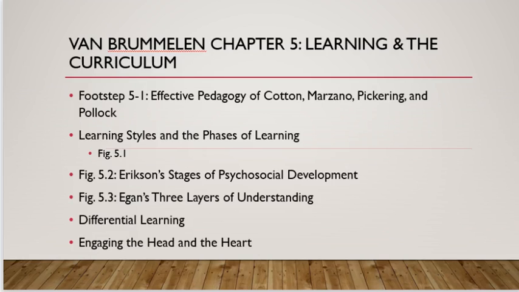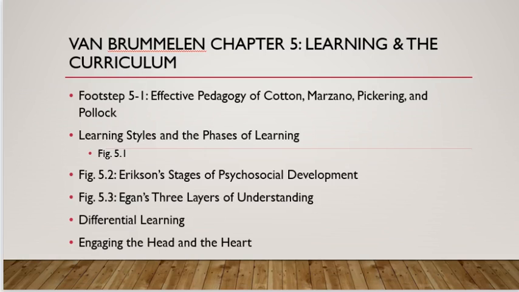In Van Brummelen, Chapter 5 focuses on learning and the curriculum. In this chapter, as compared to some of the other chapters, there are a lot of figures you really need to look at and focus on. He does a great job of comparing different things and helping you with understanding this part on learning in the curriculum.